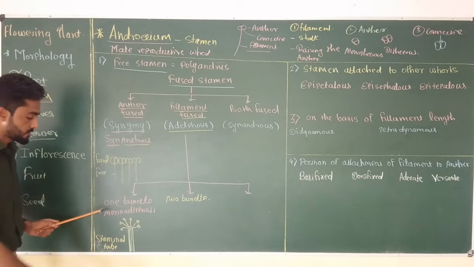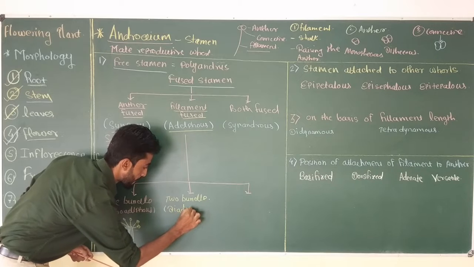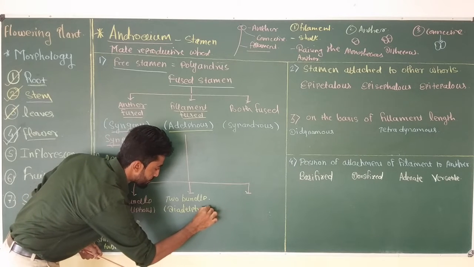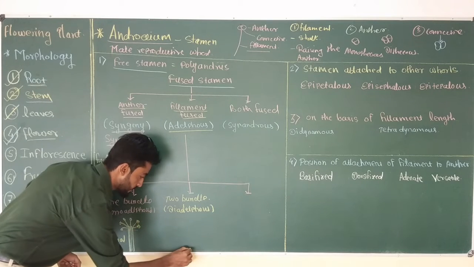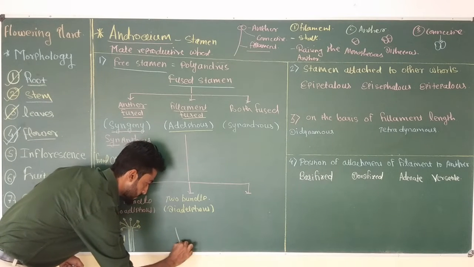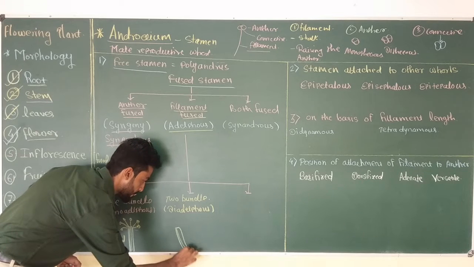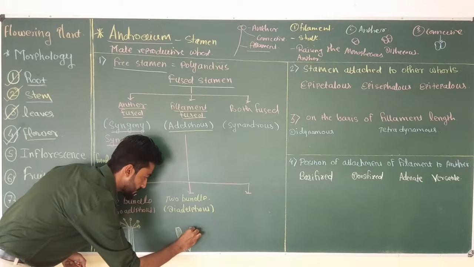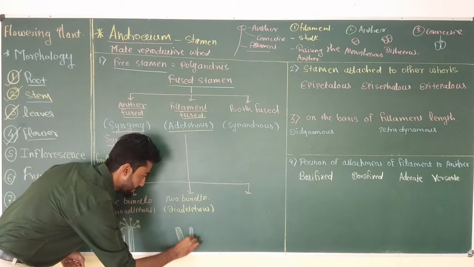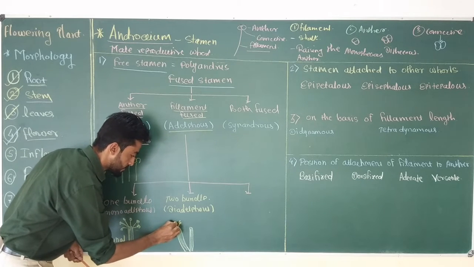such condition is called diadelphous. Okay, so if we want to draw the diadelphous condition, this is the first bundle of the filament, and this is the second bundle, and each bundle has free anthers.